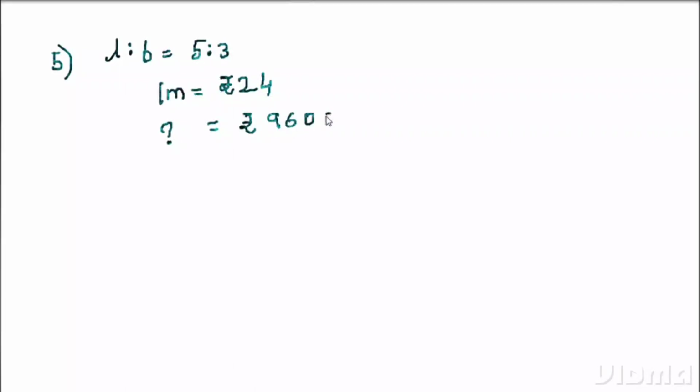So you have to find the length and breadth. If they have given me the total rupees and the rupees per meter, can I find the perimeter? Yes, it will be the total cost divided by cost per meter. So total cost is 9600 and cost per meter is 24. When I divide them, I get the perimeter, and my perimeter is 400 meter.